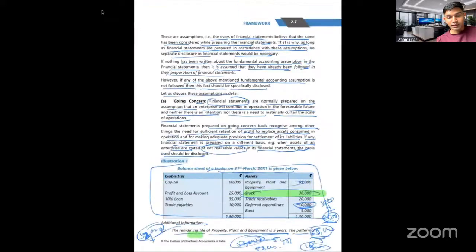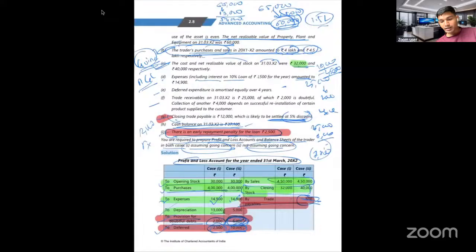Expenses included 10% of loan, 3,500 for the year. Just a moment.